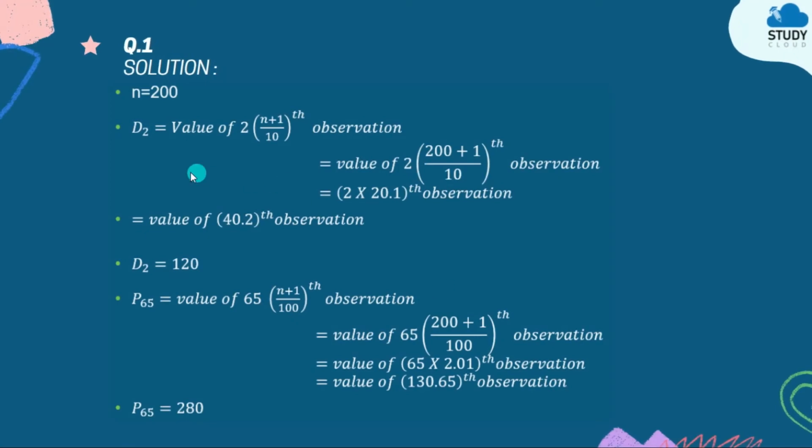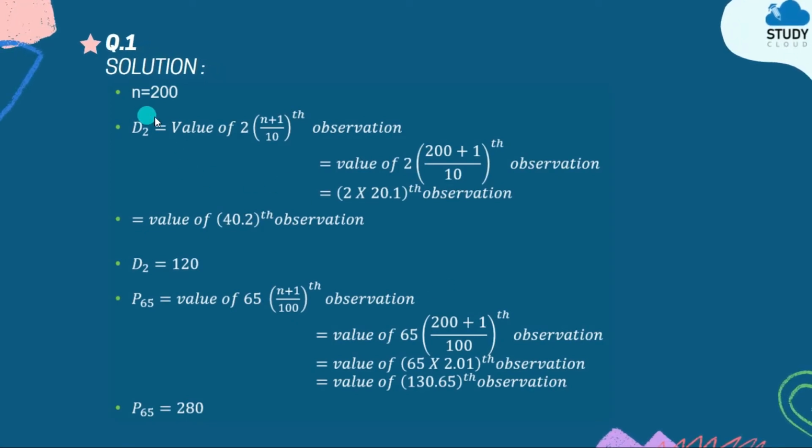Now first we will find decile 2. So n is 200 here, as it is raw data. The formula will be the value of 2(n+1)/10th observation. Here n is 200, so 200 plus 1 upon 10, when you divide it you will get 20.1, and multiplying by this 2 which is outside the bracket, you will get the value of 40.2 observation.